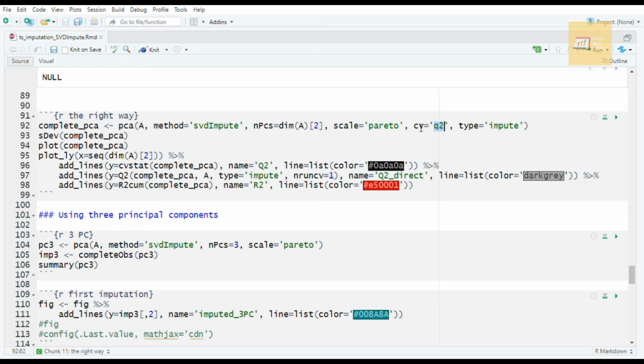R squared is the proportion of variance explained by the principal components. The type argument is for the Q squared function. I'm using impute because we have missing values in our input matrix A. Okay, let's run this.